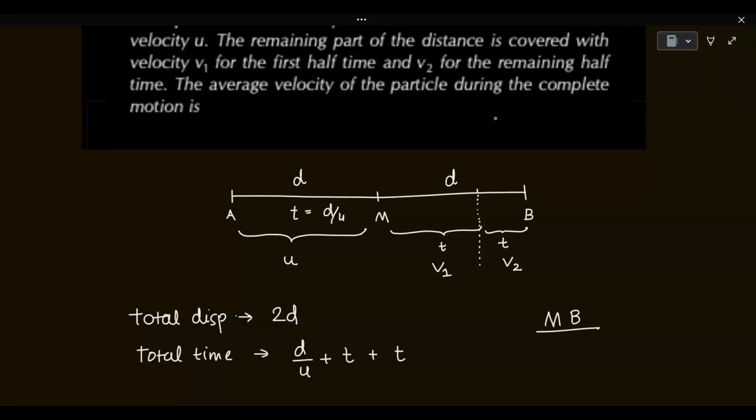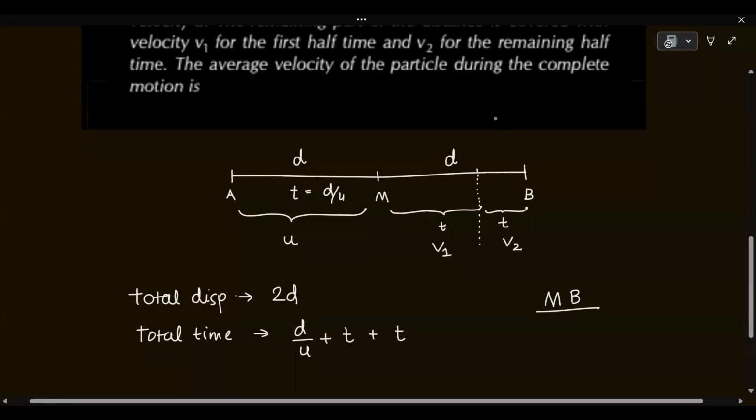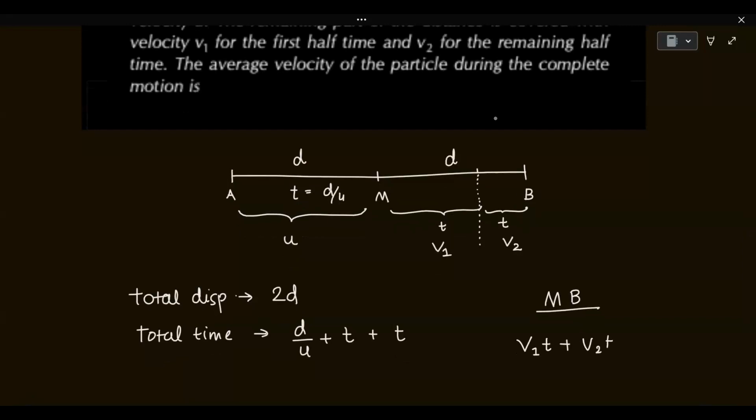I want to write down an equation, and please tell me if that is correct: v1 into t plus v2 into t equals d. Guys, please let me know if this statement is correct or wrong. Yes, sir. Is it correct or not?